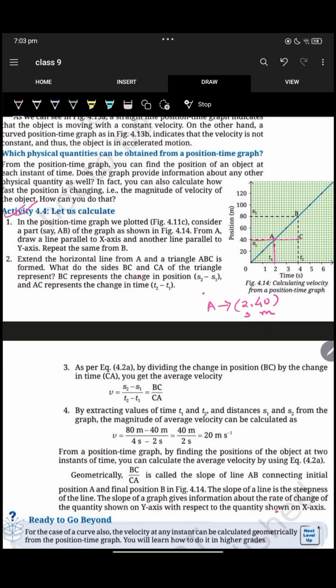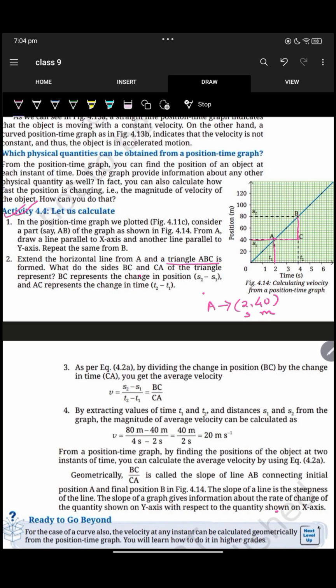So, extend the horizontal line from A and a triangle ABC is formed. That means if this horizontal line AC is extended, then from B, again towards C, if we draw a line, what we get is a triangle ABC.